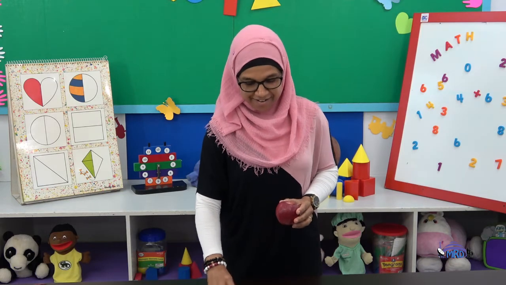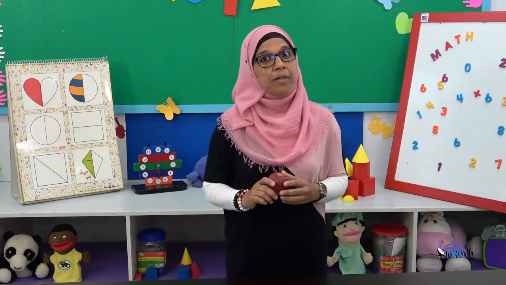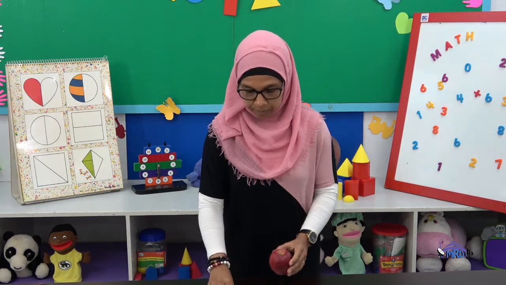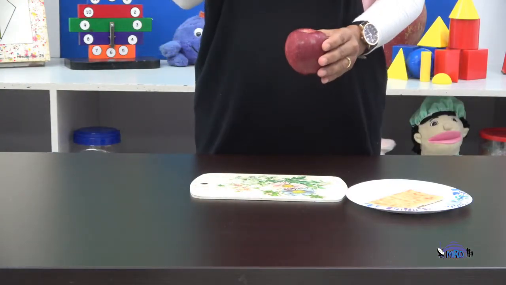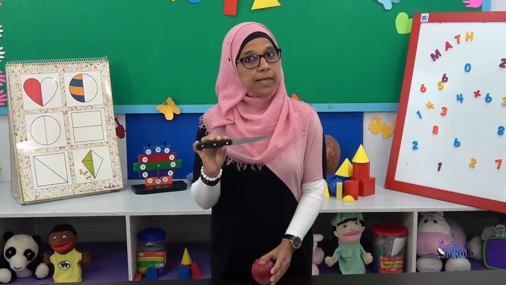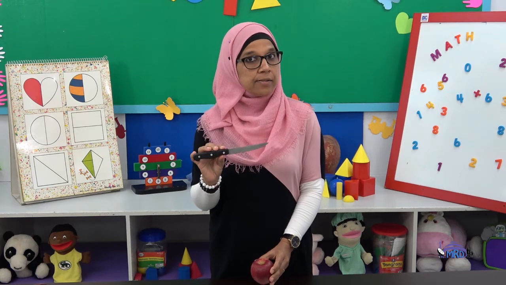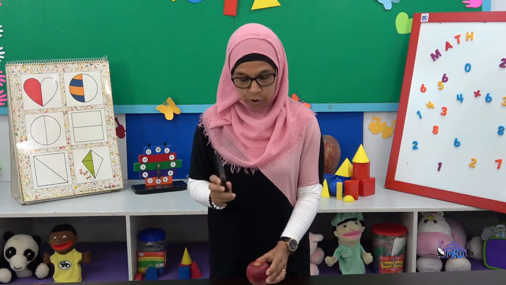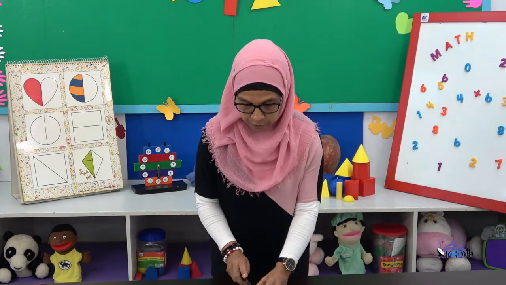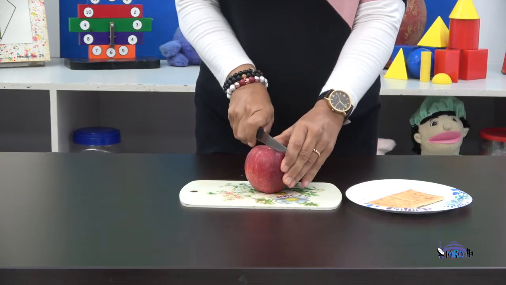Great idea. I would cut the apple into 2 equal pieces. Now remember, if you're handling a knife, you must ask an adult for help. So we're going to cut our apple into 2 equal pieces.